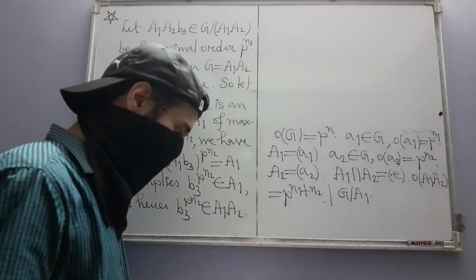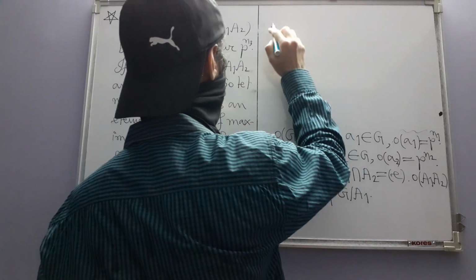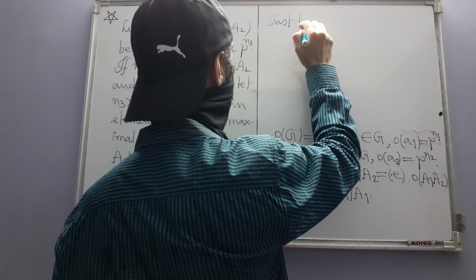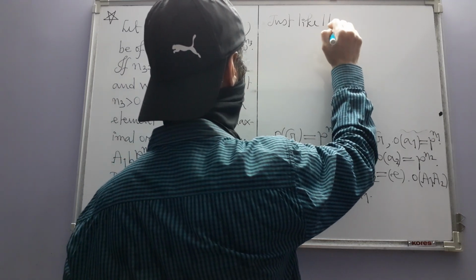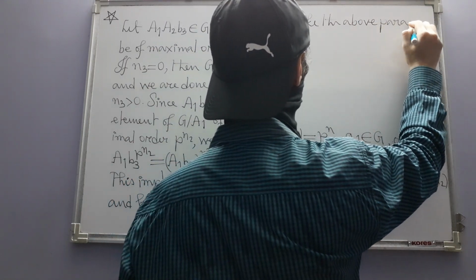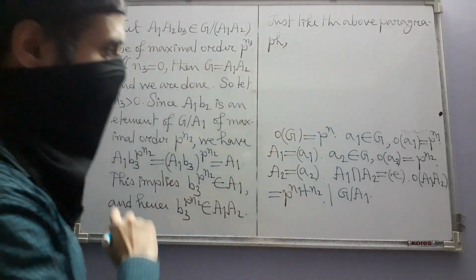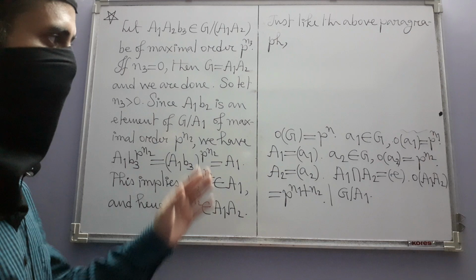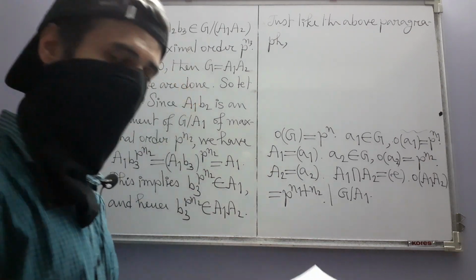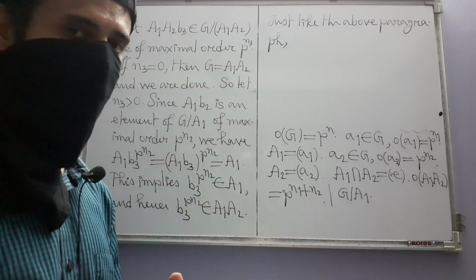So we just simply write: like the above paragraph, meaning the paragraph that we saw in the previous video. There, after a similar step, you see, we are not just going on doing things arbitrarily.